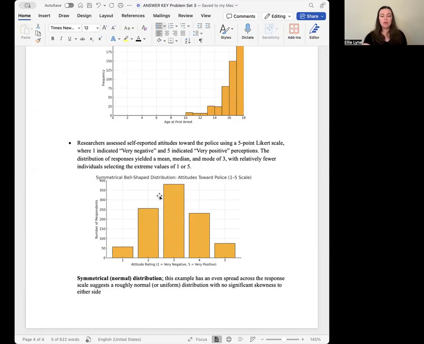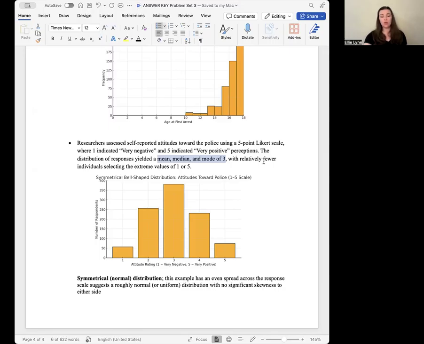We know that our mean, median, and mode values here are all 3. And this is indicative of a normal distribution. If we have a perfect bell-shaped curve, our mean, median, and mode values should all be the same. So that is your clear indicator here that you should be looking at to know that this is a symmetrical or normal distribution.